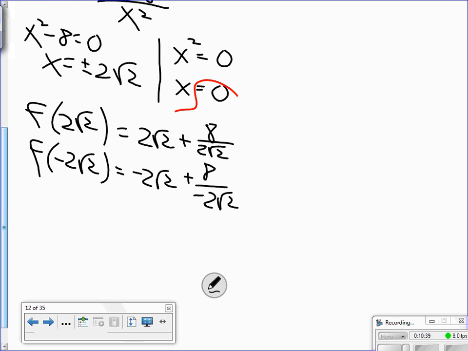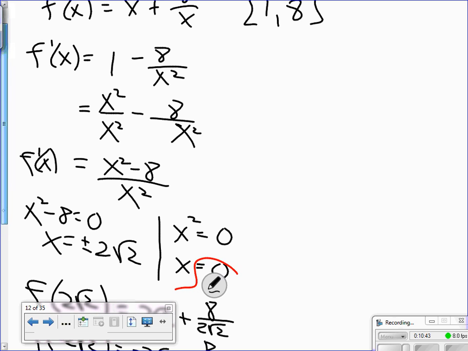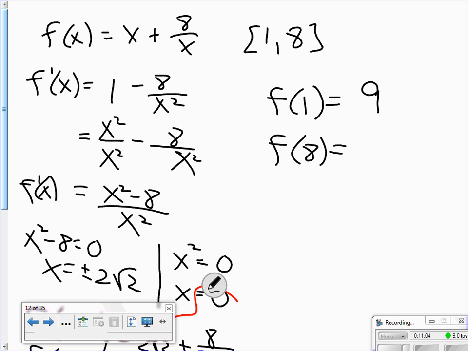What else do we have to do? The endpoints. We have to get f of 1 and f of 8. What's f of 1? Plug 1 in. 9. How about f of 8? 9.